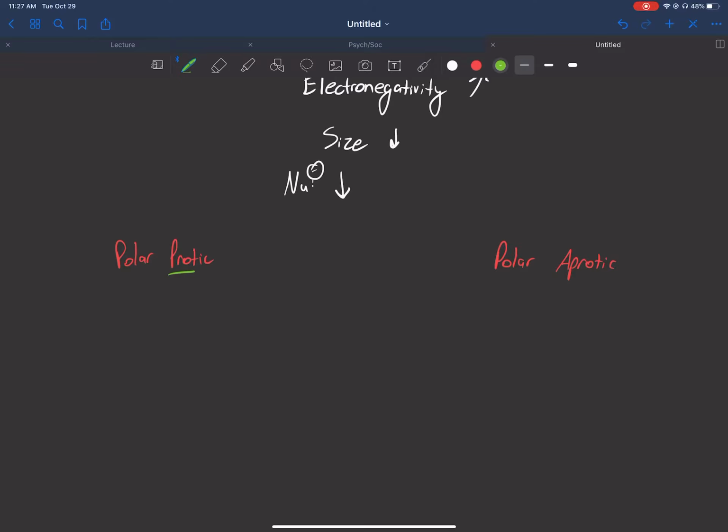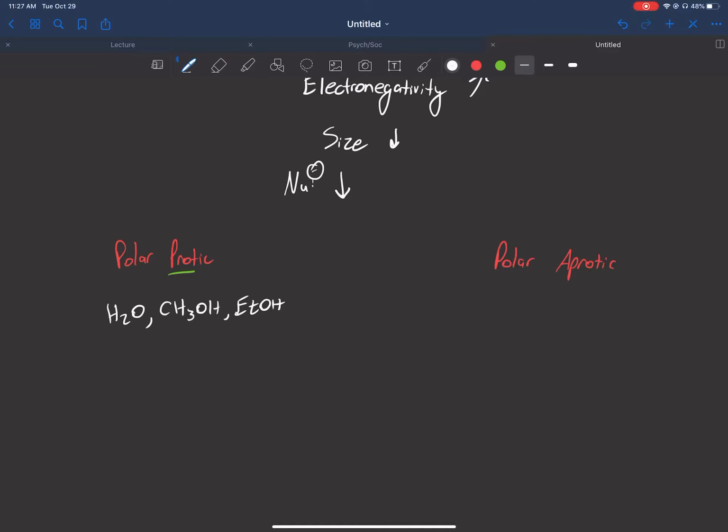But most importantly, we have hydrogen bonding, right? Remember that intermolecular force? So if I have a solvent like H2O, CH3OH, EtOH, which is an ethyl group instead of a methyl group, or something with nitrogen and hydrogens connected to it, those are polar protic.